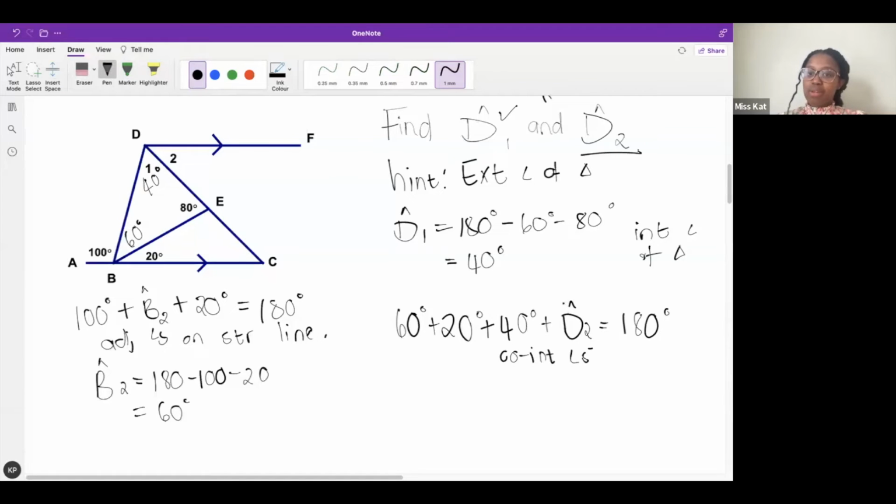What's missing from my reason? Anyone? The parallel lines. I like it on this one. I like it. DF is parallel to AC. So then D2 will be 180 minus 40 minus 60 minus 20.